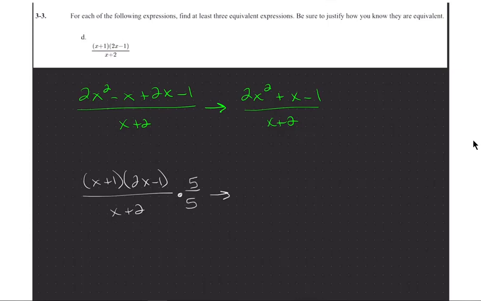So just for simplicity purposes, I'd put the 5 out front. 5 times x plus 1 times 2x minus 1 all over 5, and then I'm going to keep it in parentheses, that x plus 2. And did I change the problem at all? Absolutely not. Because technically, that 5 over 5 is 1. So I'm multiplying by 1, so I'm not changing the problem at all.